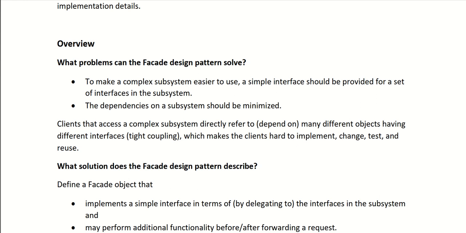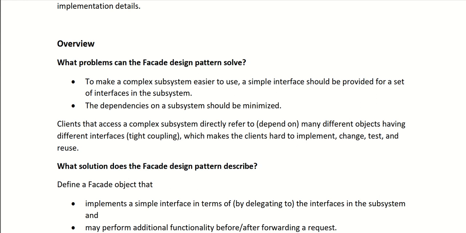Okay, so these are some disadvantages if you have a legacy system which is very complex in nature. Okay, so you can't directly access all of its functionalities, or it's very difficult. So that's why you need to adopt the facade pattern in order to allow loose coupling and make the system easier to implement, change, test, and reuse.